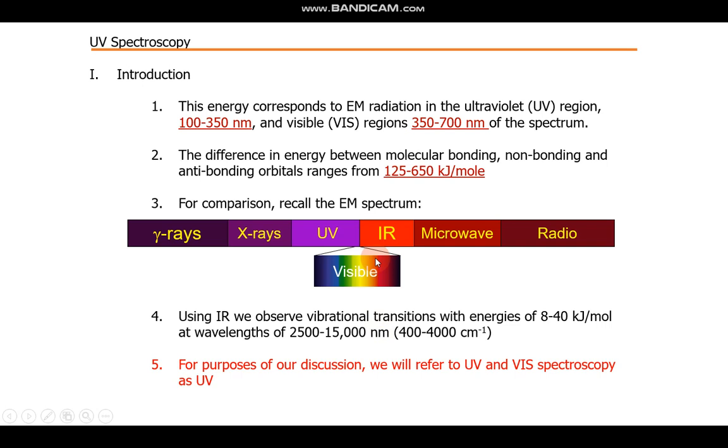While in case of visible, we have different energy ranges in between 125 to 650 kilojoule per mole, and it is within a range of about 100 to 700 nanometer. We would write UV and visible spectroscopy just by UV.